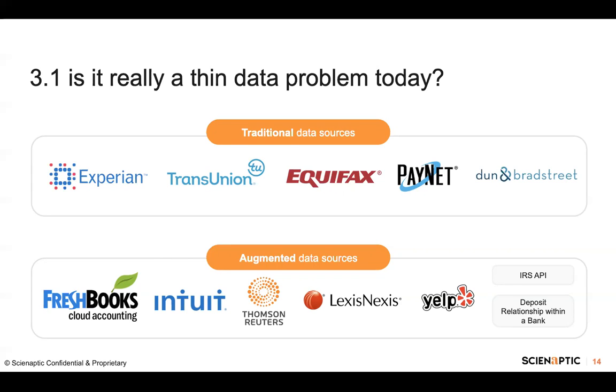More importantly, or equally important, are the augmented sources coming from new data providers such as Thomson Reuters or LexisNexis, which are connected to a variety of state or federal agencies to collect non-financial information on the businesses.